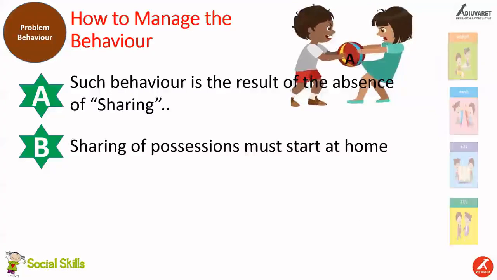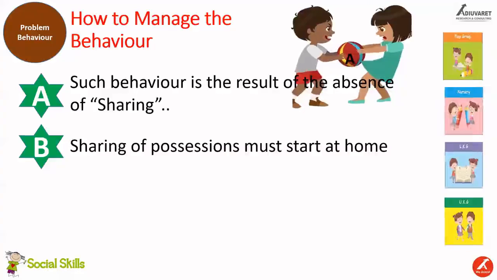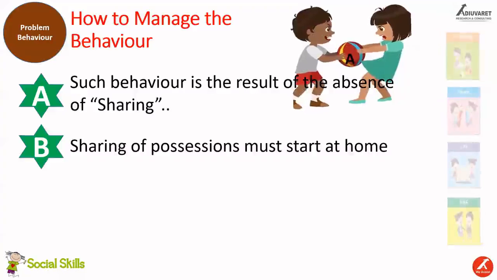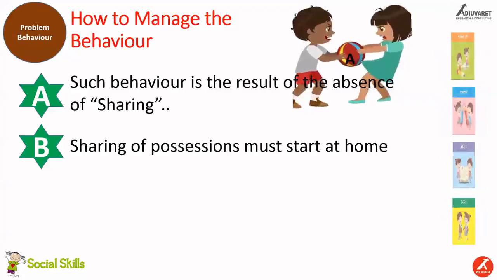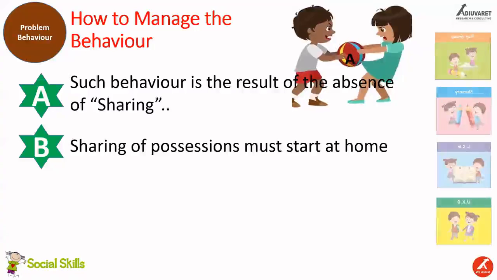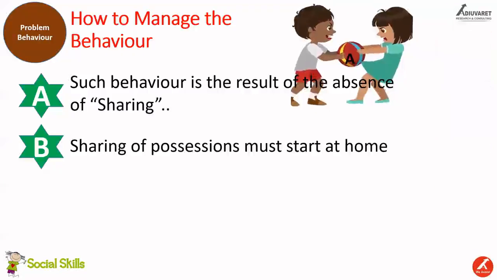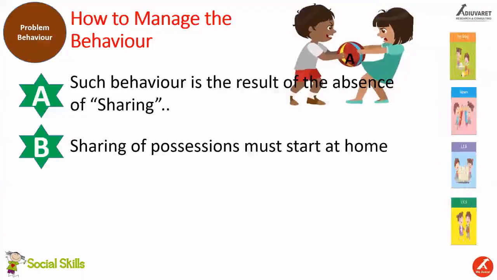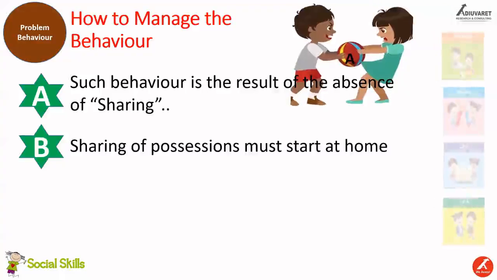Second, sharing of possessions must start at home. Sometimes if sharing or caring behavior is not demonstrated in the home environment, then the child carries the image that not giving or not sharing something with others is normal.